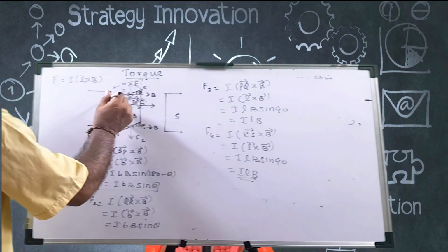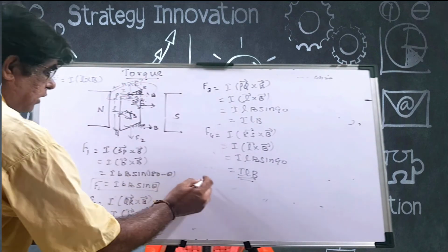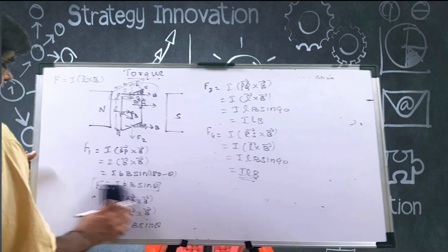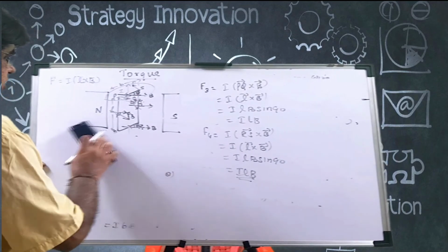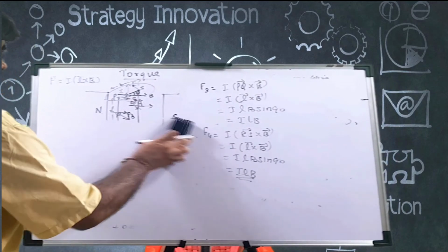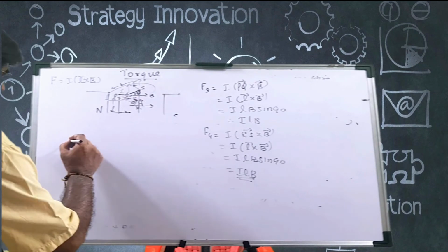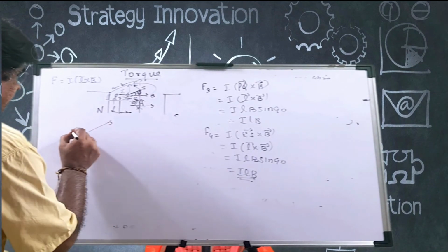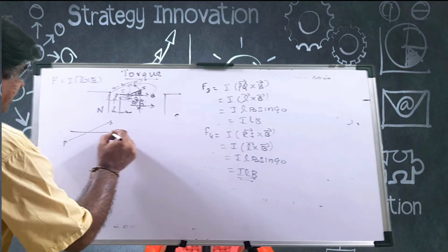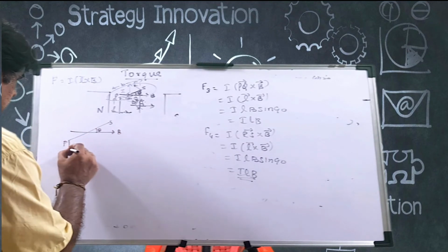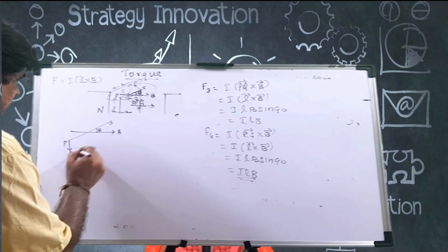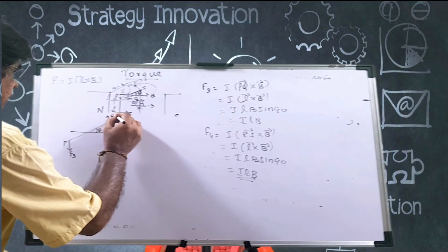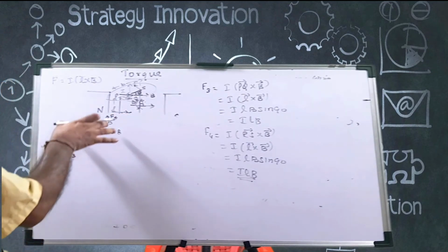So what I'll do, I'll draw this PS part once again, and let's make a diagram. So PS, let's enlarge it and draw it once again. This is S, this is P, this is your magnetic field, you can see, this is theta, this is your F3, and this is your F4. Now clearly this is rotating.